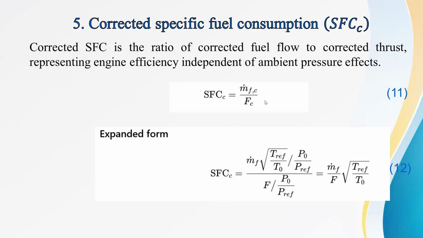We know m_f,c is already given and F_c is already given. So we divide them, and finally we get the corrected specific fuel consumption, equal to the mass flow rate of fuel divided by the actual thrust times the square root of theta, where theta is the temperature ratio.